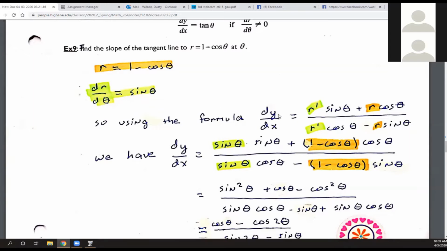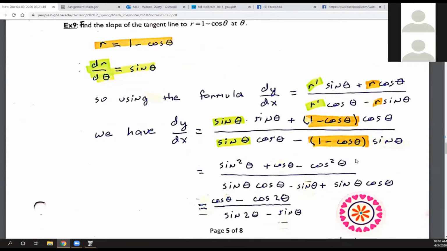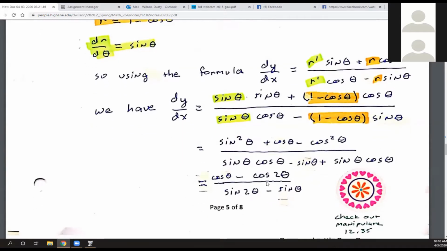So our formula was as follows: dy/dx equals, and then we have the quotient from above. So this is the same formula above. And we just plug the various things in there. So the r primes get replaced by sine thetas. The r's get replaced by 1 minus cosines. Do some basic trig, simplify, et cetera.